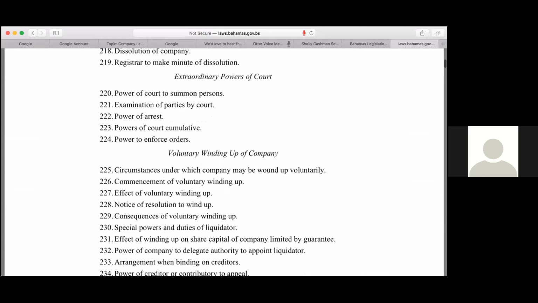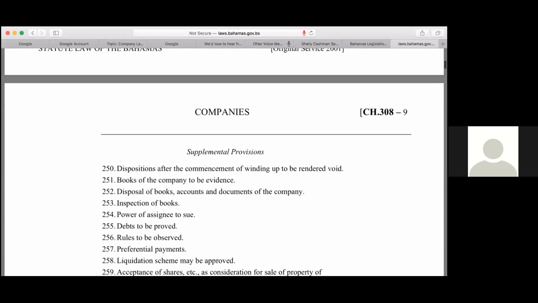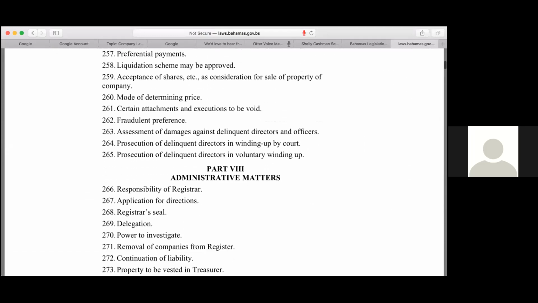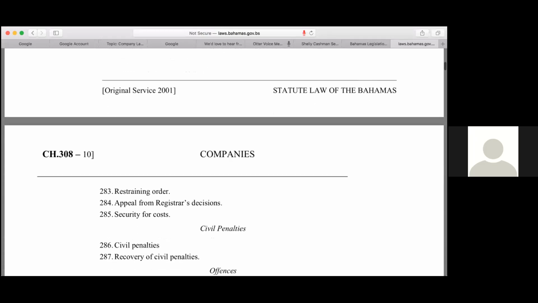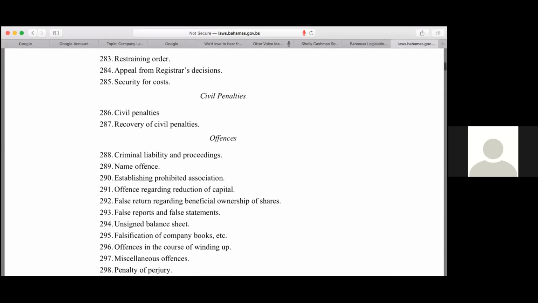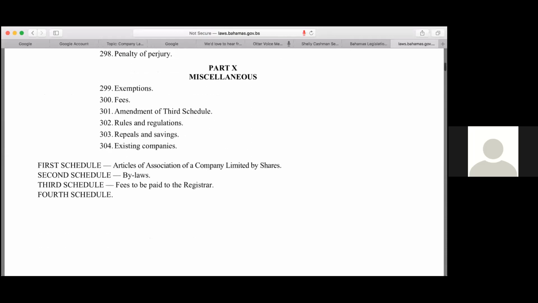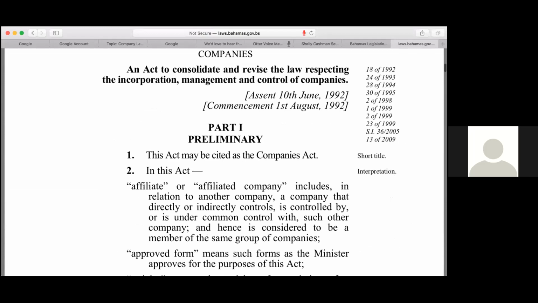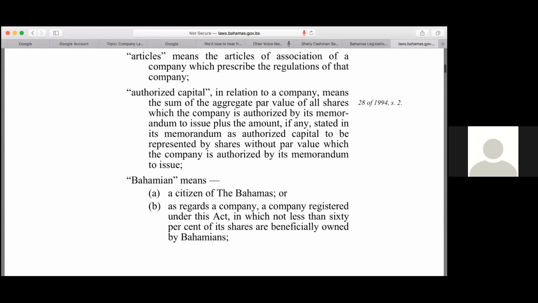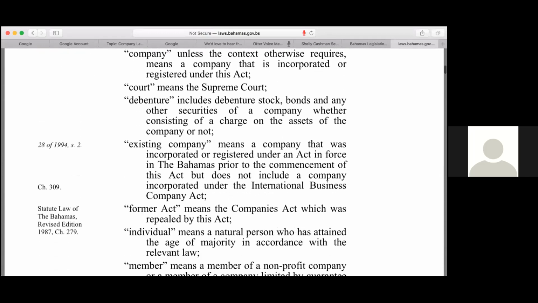If a company changes its name, does it impact its obligations? It depends on what they change it to. Sorry, the question: if a company changes its name, does it impact any of its rights or its obligations?